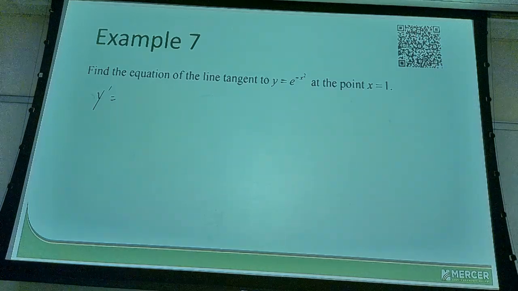Then you need to change, you always make the change for the check. Right, so it's e to the power, then what? Minus 2x, times negative 2x, right?